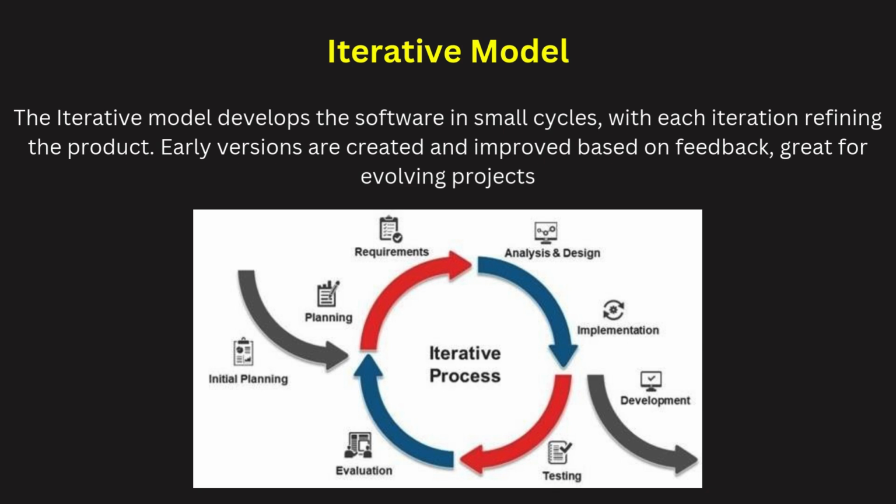Each iteration results in a new version of the software with added features or improvements. This model allows for feedback after each iteration, helping to address issues early. It's beneficial for projects where the requirements are not fully understood at the start, like developing a mobile app where changes are expected based on the user's feedback.